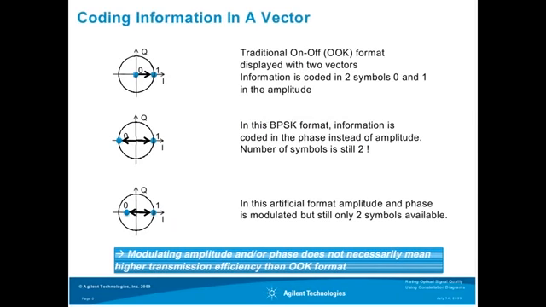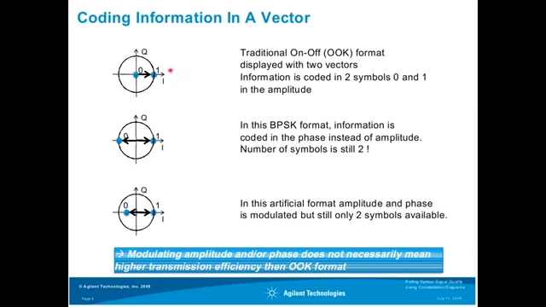So how can we code information to a vector? I have shown here again the constellation diagram for the traditional on-off keying format. On-off keying is what we have been using in optics for 15-20 years. And it's just switching the amplitude on and off.